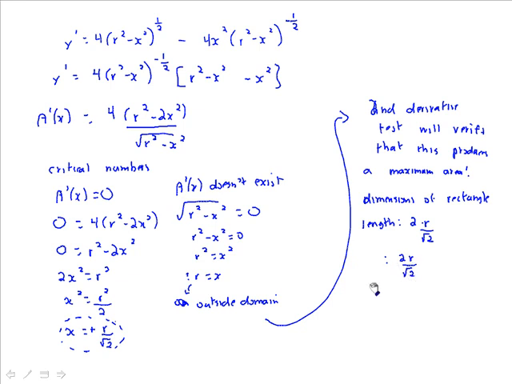And then the width, which we have to be the root of r squared minus x squared. So this would be the root of r squared minus x squared, where x is equal to r over root 2. So a lot of work for a silly little question like this.